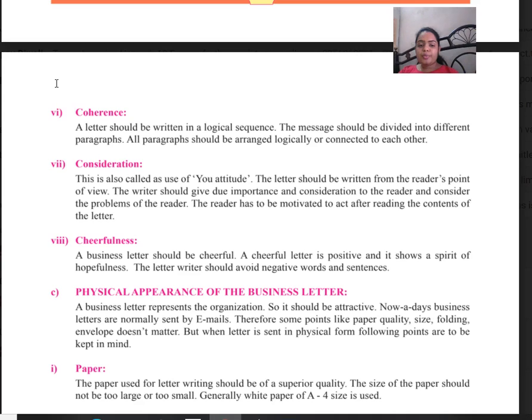So there should be proper consideration, and this is called you attitude. It means that the readers should understand the point of view of the company, and writers should give importance and consideration to the reader, and see to it that there is not any problem to the reader regarding anything which is written in the letter.